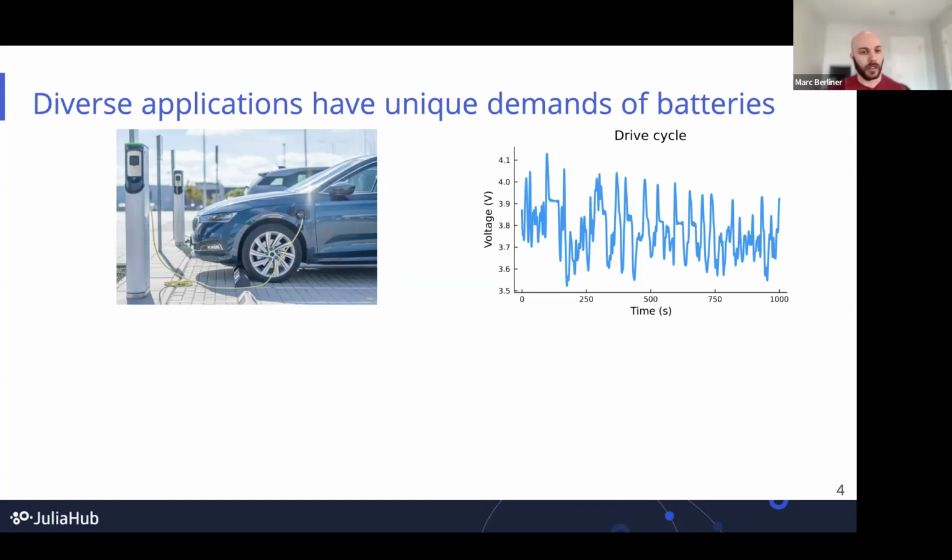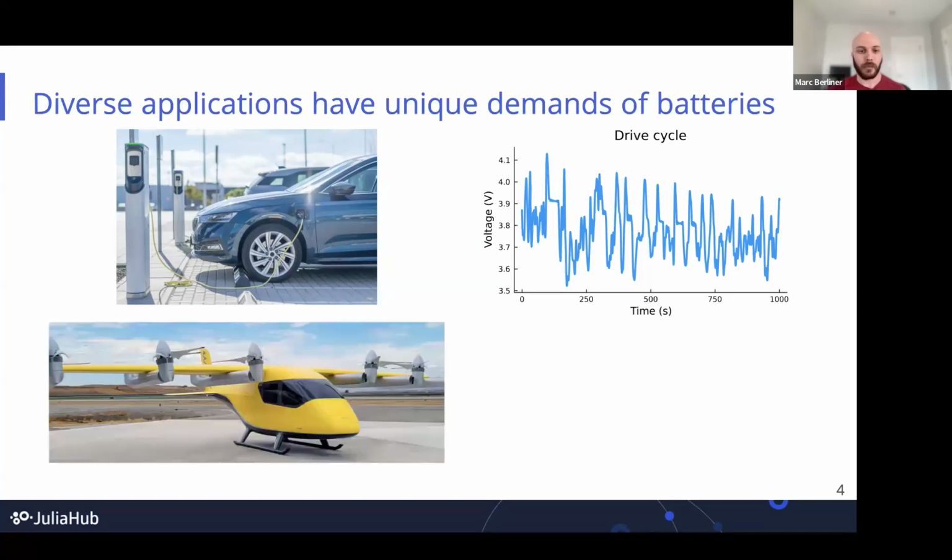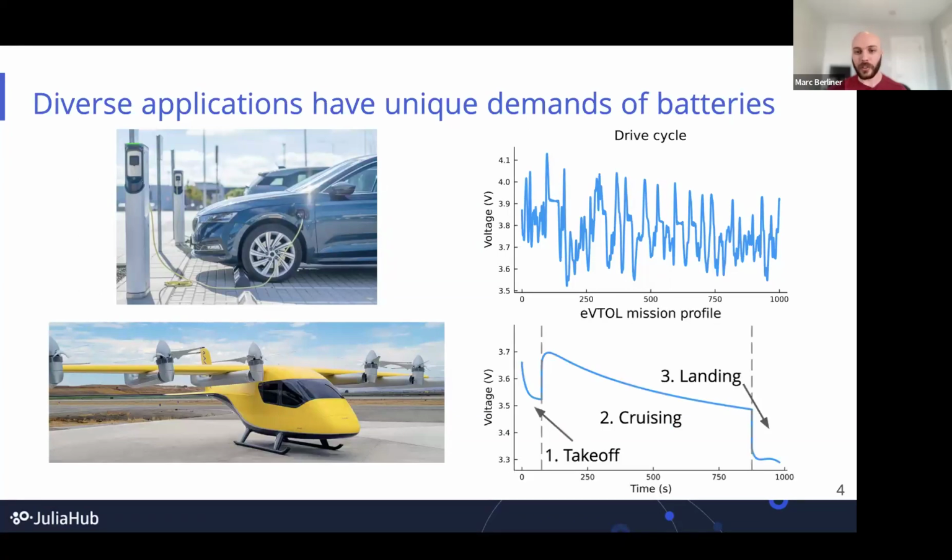But one other example of how to use a very large pack of lithium-ion batteries is with an eVTOL, for example. So with an eVTOL, you may be able to get away with shorter charging times because you can maybe hot swap the battery, take out the battery after it's finished flying and put a new one in. But the way that you discharge it also behaves a little bit differently.